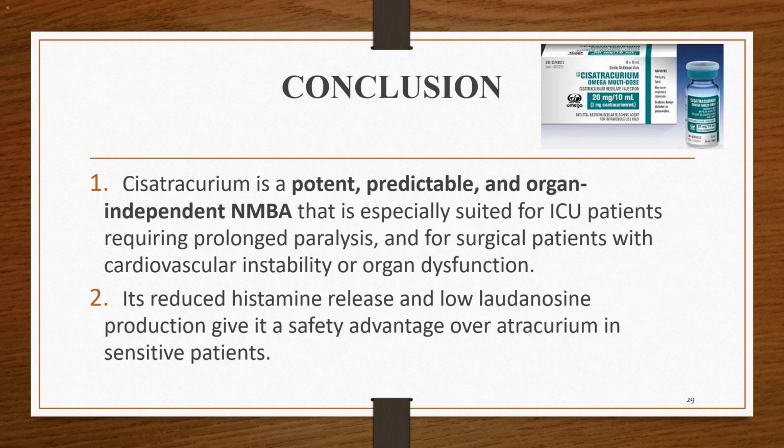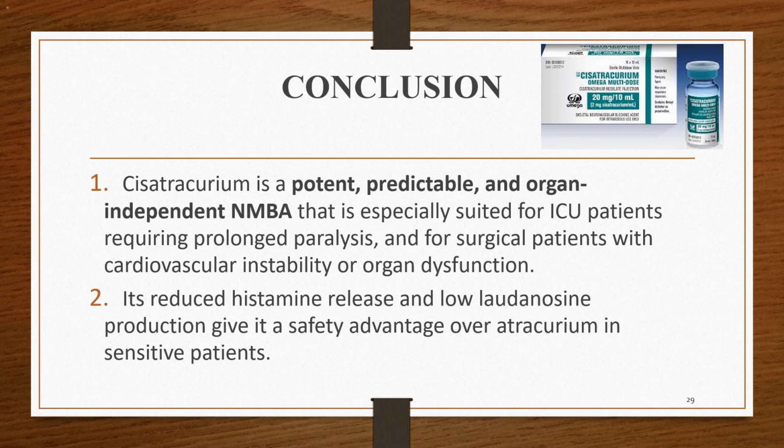Conclusion on Cisatracurium. 1. Cisatracurium is a potent, predictable, and organ-independent NMBA. This means Cisatracurium is a strong muscle relaxant with effects that are easy to anticipate, and it breaks down without relying much on liver or kidney function.